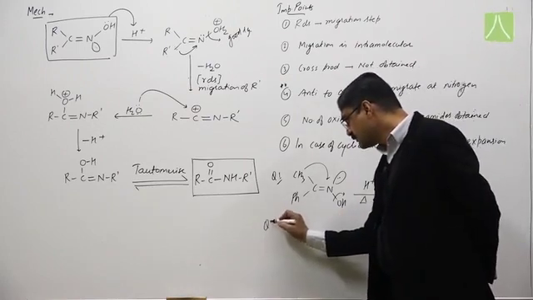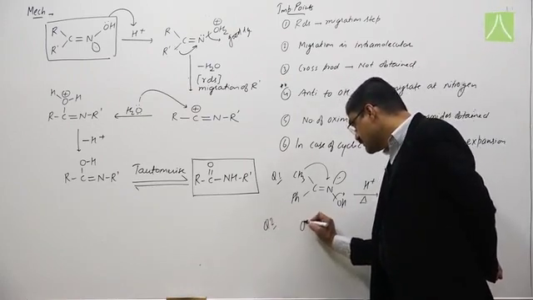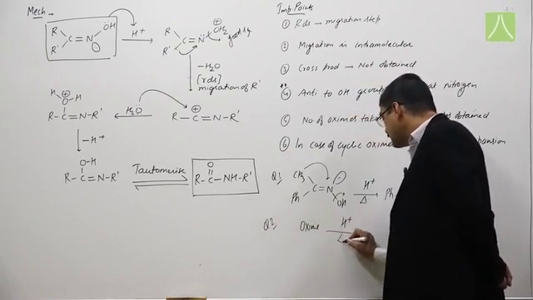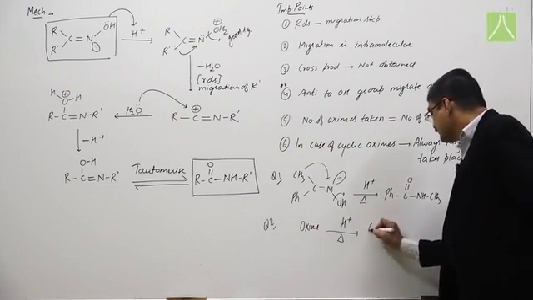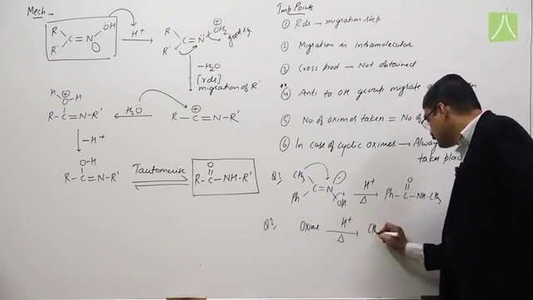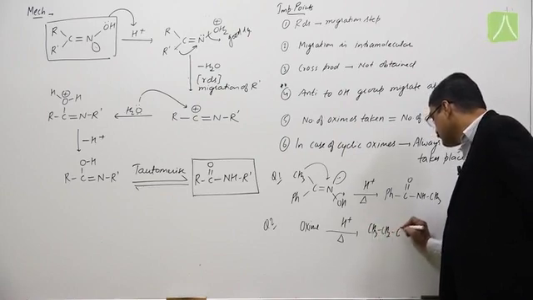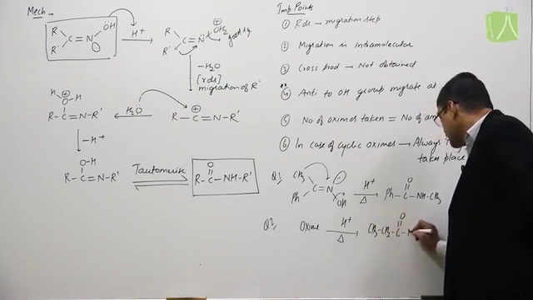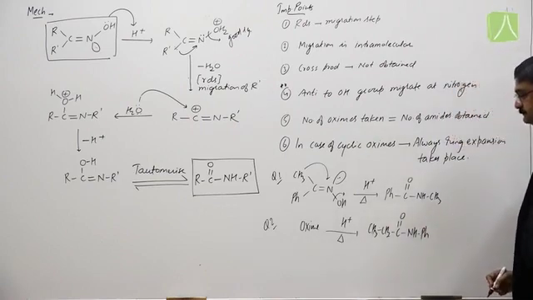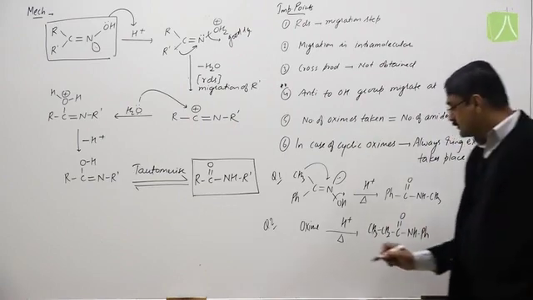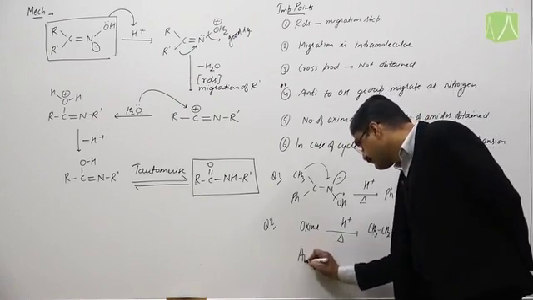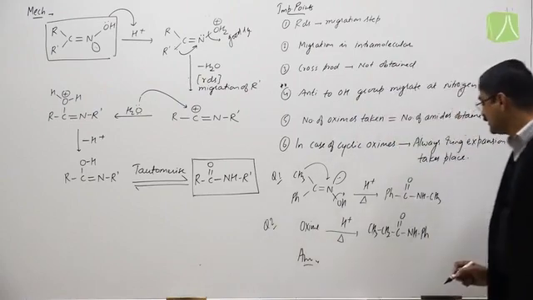Suppose I write question number 2. This is an oxime in presence of H plus, and suppose this amide is obtained. Then find the structure of the oxime. So how do you find the structure of the oxime?